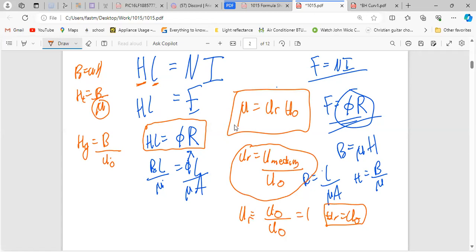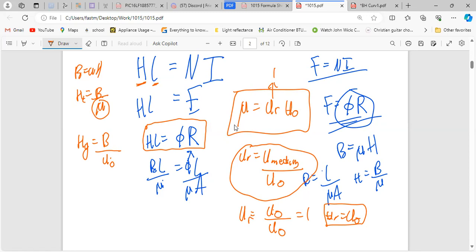Relative to air is just 1. Yeah, because mu R is the medium permeability divided by the permeability of free space. For a medium like iron and stuff, we'll have a different permeability of the medium. But for air, it's going to be 1. So this piece here will just be 1 for air. So that's where mu will just be mu 0 for air.